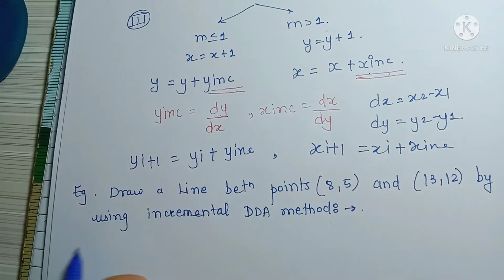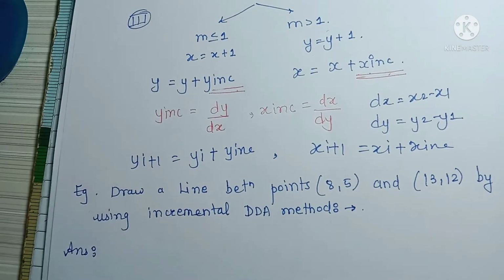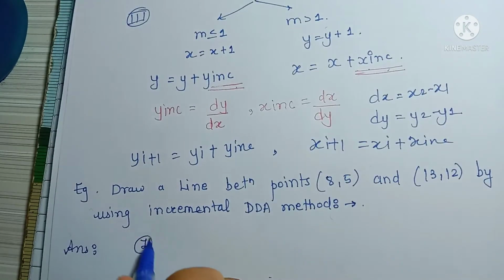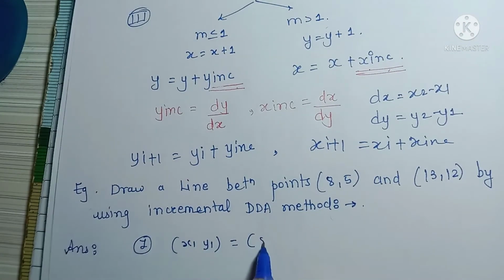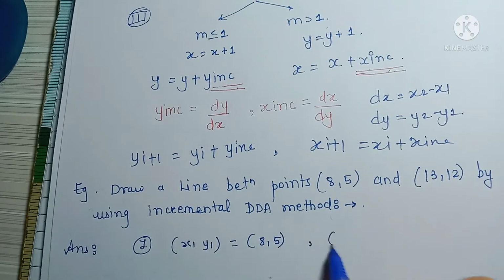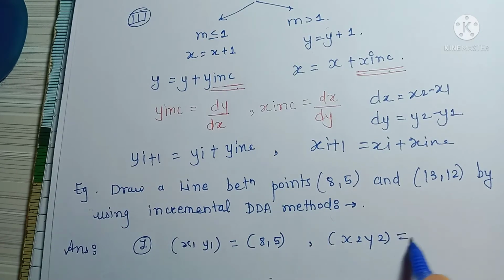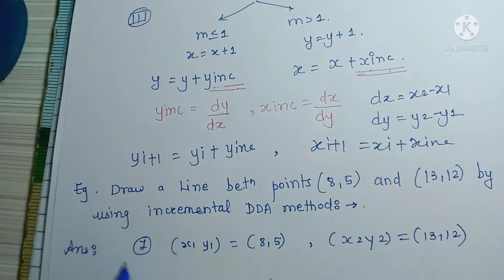Okay, so what is the answer? Our first step is locate the points: x1, y1 is 8, 5, comma x2, y2 is 13, 12.